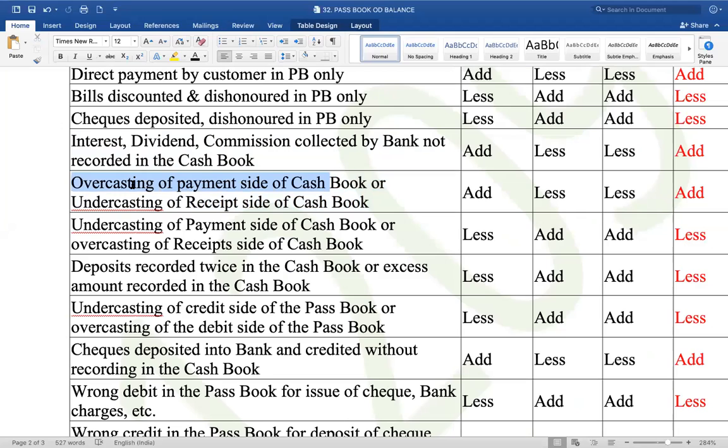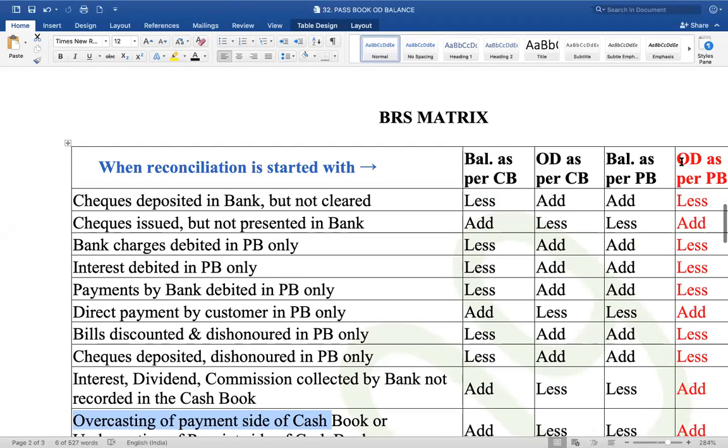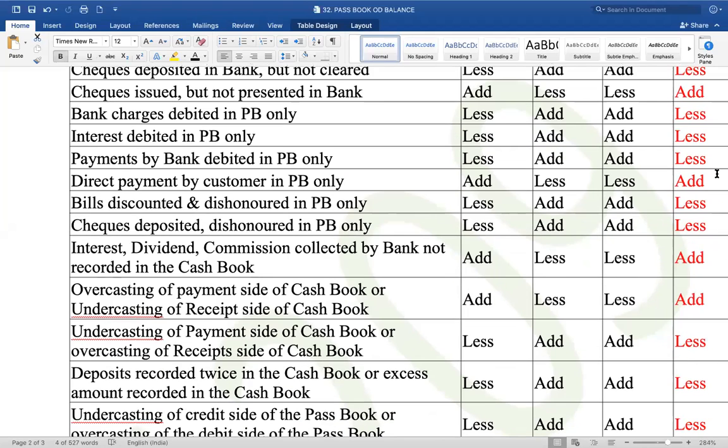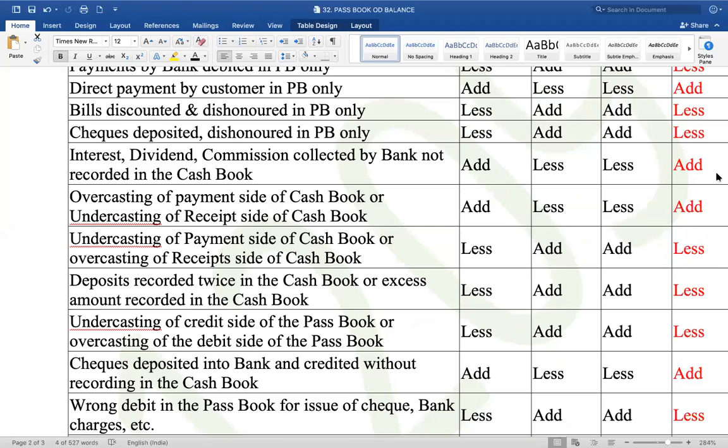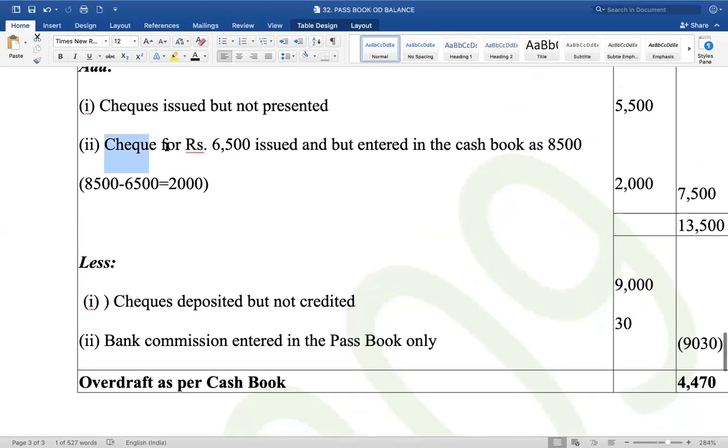So what you have to do, if OD as per passbook is the scenario, you have to add. Any doubt? So you will do that. Check for 6,500 issued, but entered in the cash book as 8,500. The difference of 2,000 is added here.